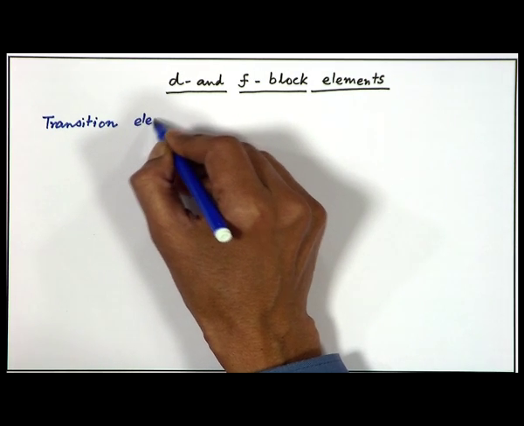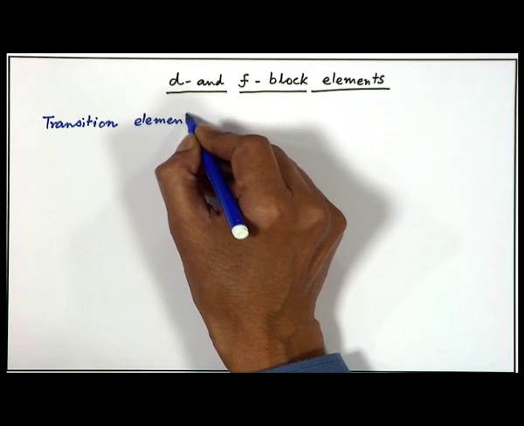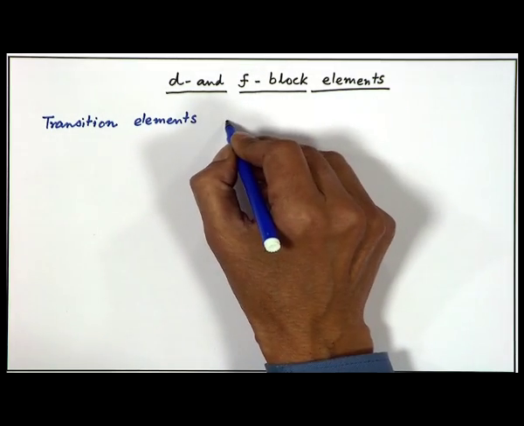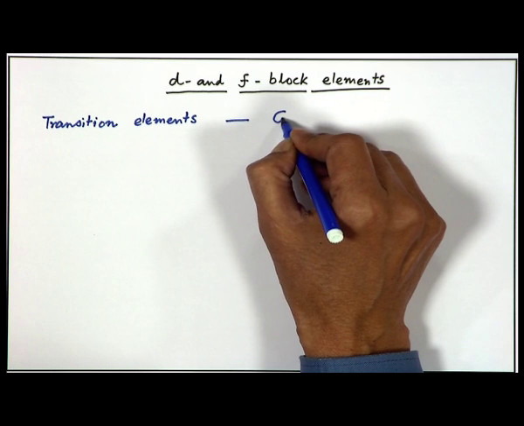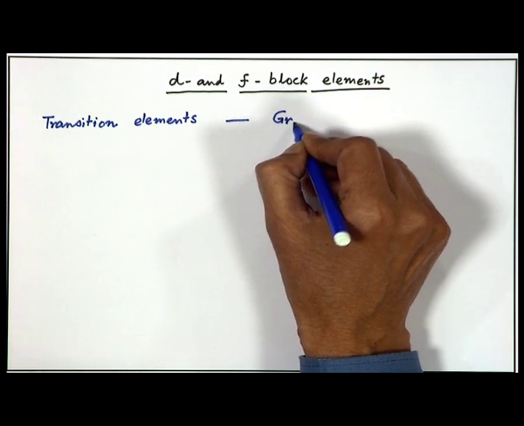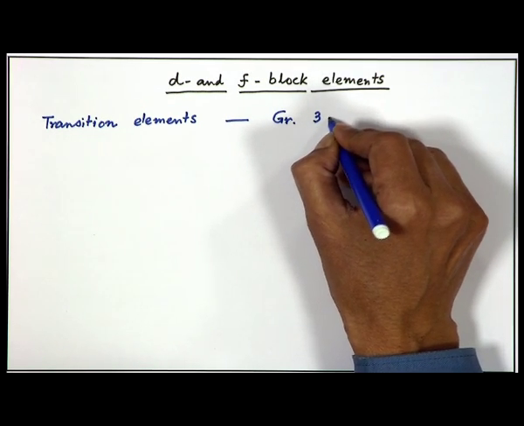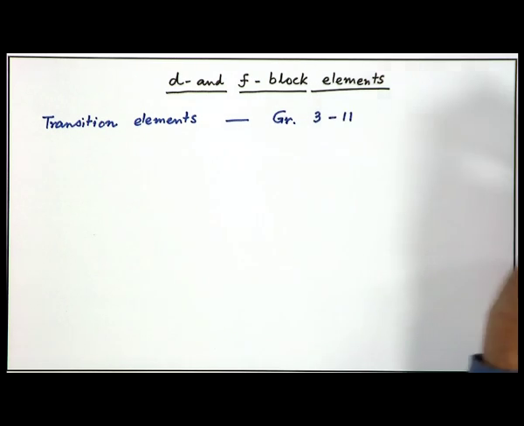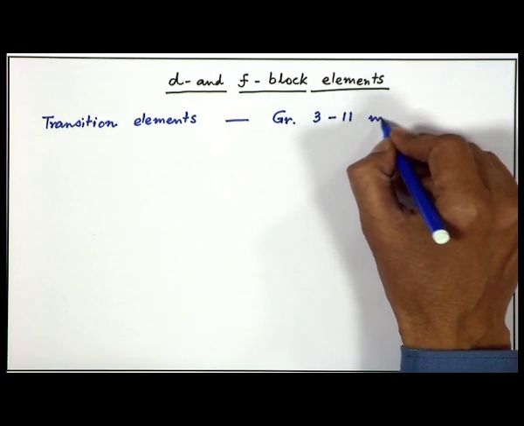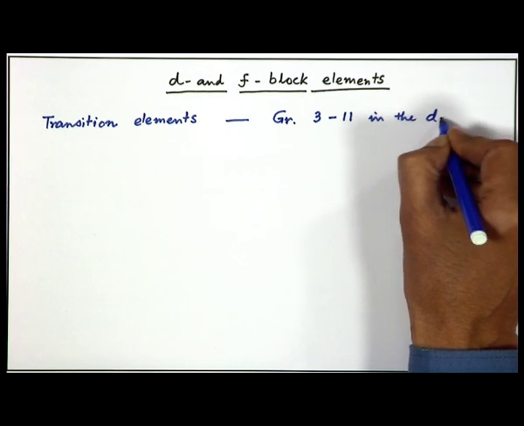So, these are transition elements, and if we consider their position in the periodic table, they run from group 3 to group 11 in the D block.